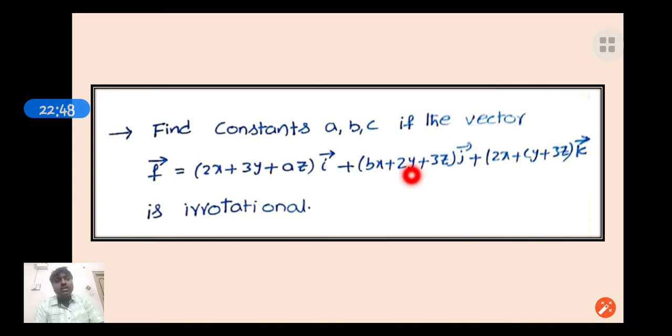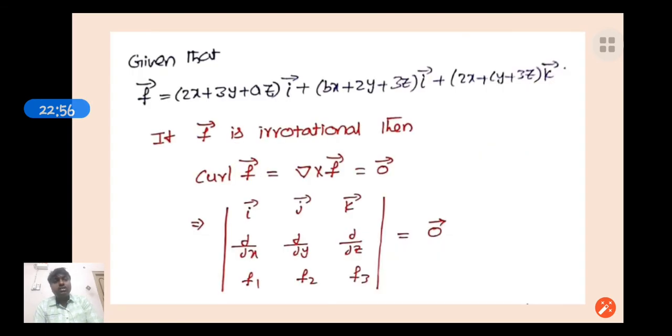We are calculating the curl of the given vector point function and equating it to the zero vector 0 bar. So I am writing the given function f bar here, and now the definition of curl of f bar. F bar is irrotational.